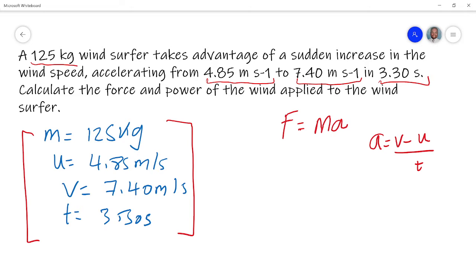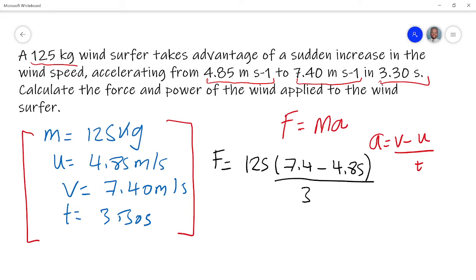So what I'll do now is substitute. F is equal to m. My m is 125 and I know what my v is, so that's 7.4 minus 4.85 divided by 3.3. Now that's going to be my force, and I'm just going to get my calculator to work that out.